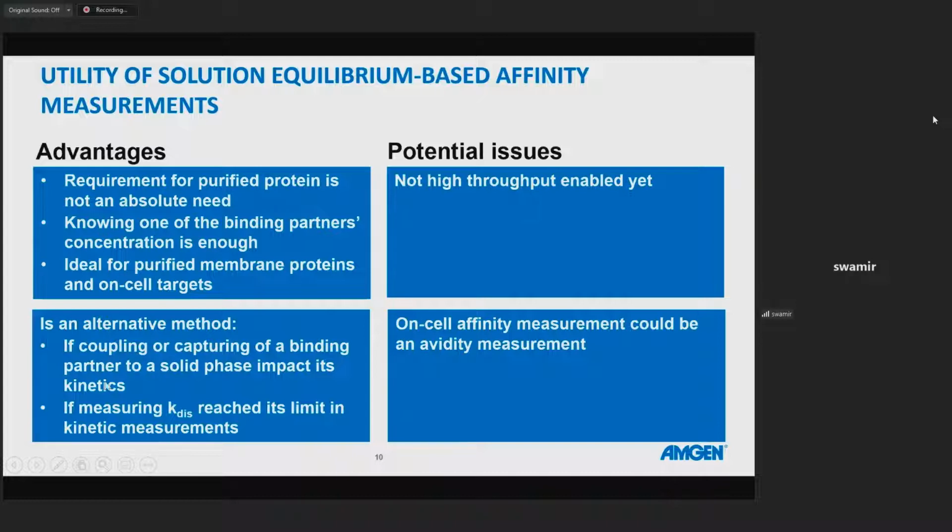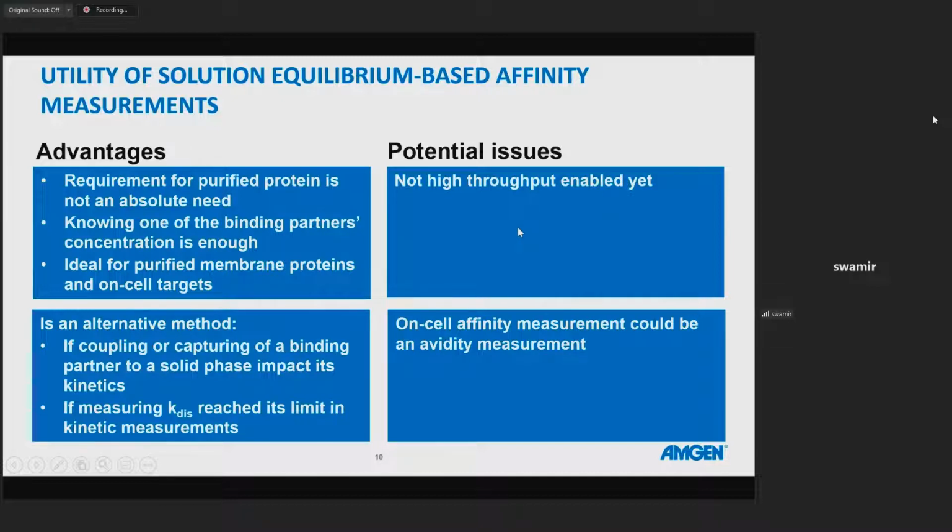And this is definitely an alternative method if coupling or capturing of a binding partner on a solid phase impacts their kinetics. And also, if the dissociation constant measurement or dissociation rate measurement is limited on the other instruments, this is the best one.